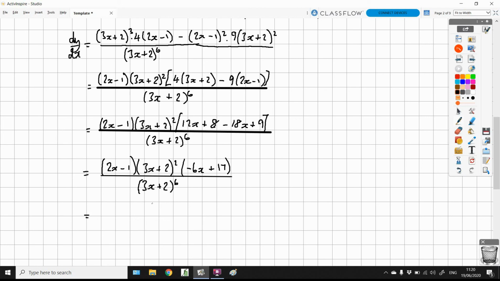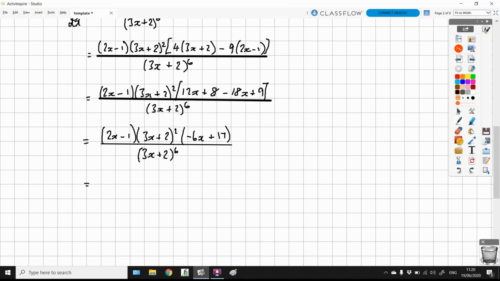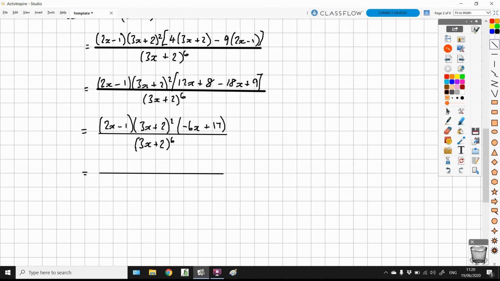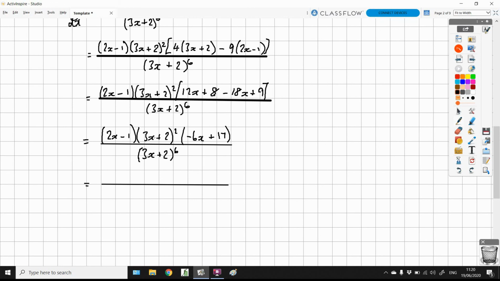And it's now that we finally see the real advantage of never trying to expand this v squared, because the 3x plus 2 all squared in the numerator here is a common factor with part of this denominator. So what I can do, I can cancel those two brackets with two of these brackets to leave me with 3x plus 2 all to the 4 in the denominator.